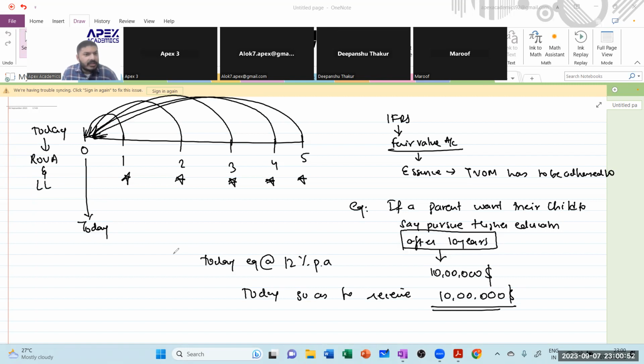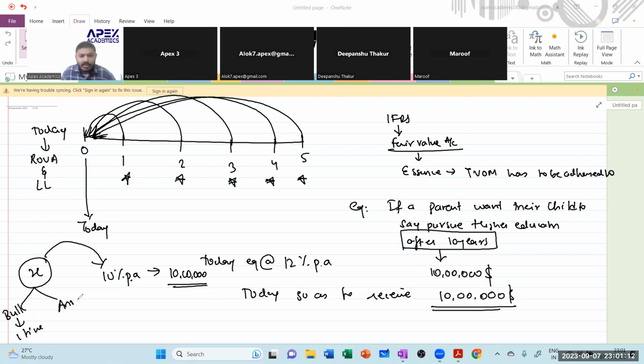So I need to calculate a particular sum of money, say X, which will grow at the rate of 10% per annum to become $1 million after 10 years. So the question is, am I making a bulk investment today one time, or am I making an annual investment of an equal amount?